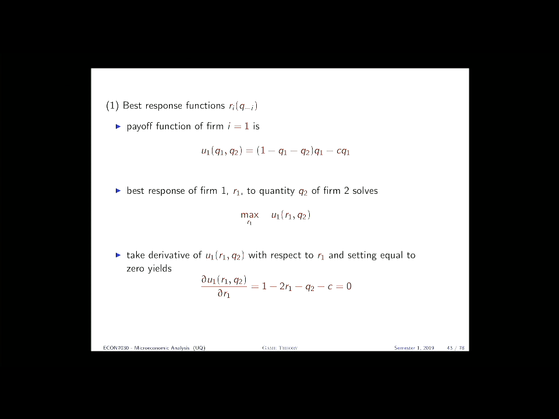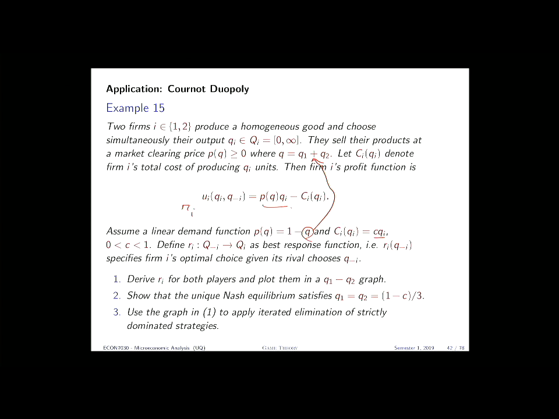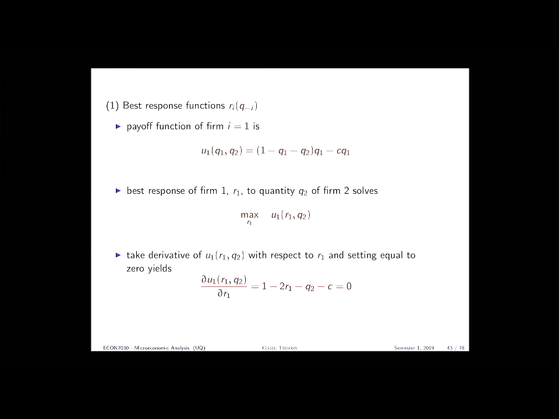I need to substitute first from the demand function that we have there, which is 1 minus Q1 minus Q2. I just substitute this with that. And then the profit multiplied by Q1, because that will be the whole revenue, price times quantity. And then minus my cost, which is C times Q1, the cost function.